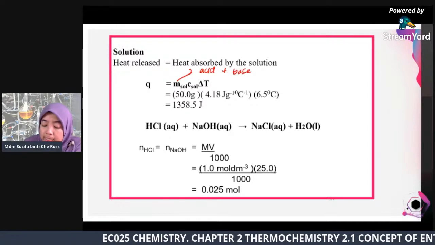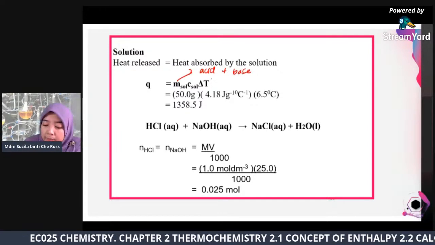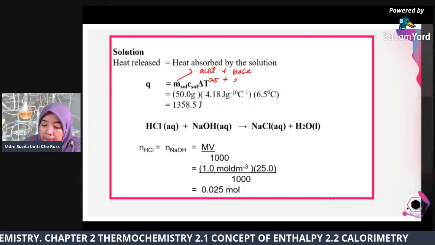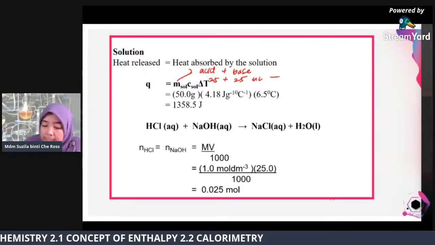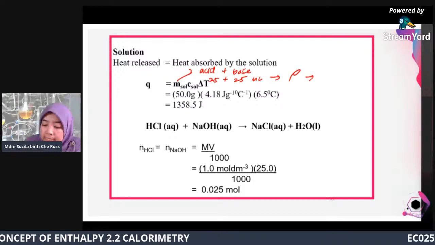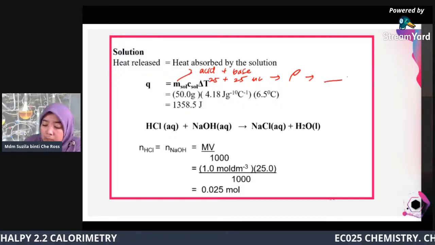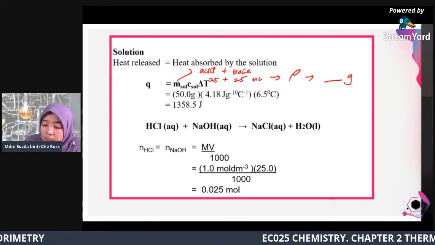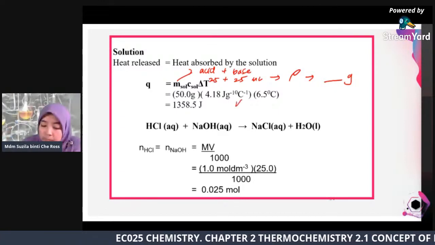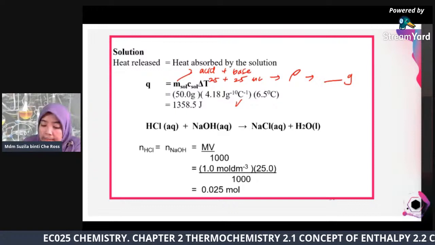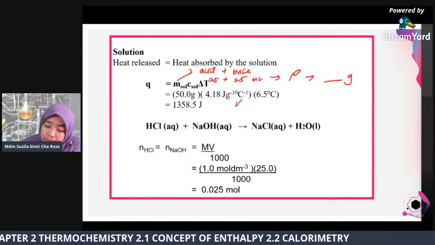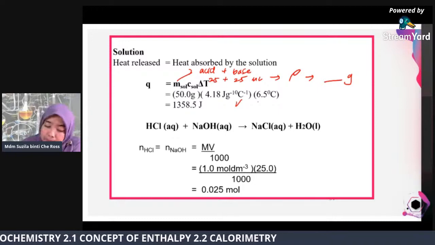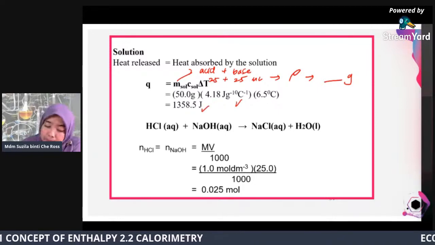Okay, so tadi acid kita HCl 25, base kita pun 25, dapatlah 50 ml. And then 50 ml we relate with density, so we get lah the mass of solution in gram. Okay, specific heat capacity untuk solution given in the question, and then delta T we can get by final minus initial, so we get delta T 6.5, and then kita dapat Q.